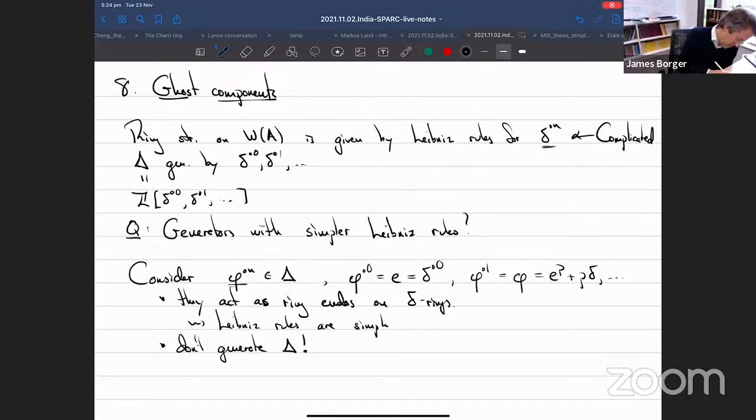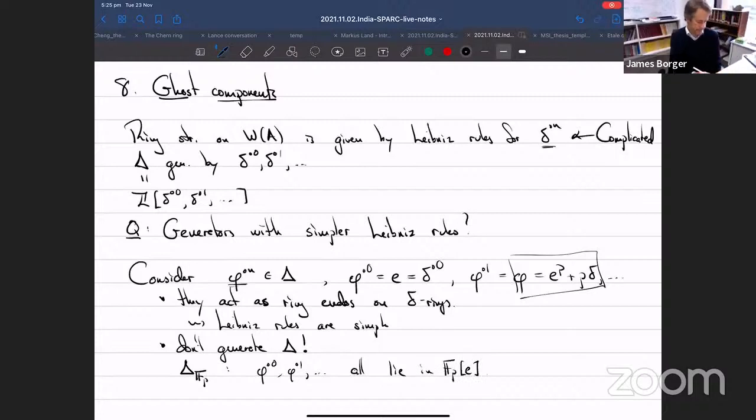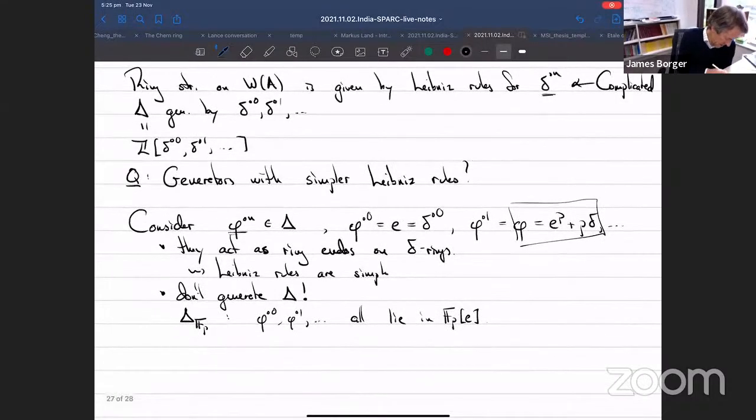So for instance, if we mod out by p, so delta over F_p, then this Frobenius map, modulo p, is just the pth power of the generator we started with. So phi 0, phi 1, and so on, all lie in F_p[x]. And this thing has infinitely many variables, and they only generate something of transcendence degree 1.